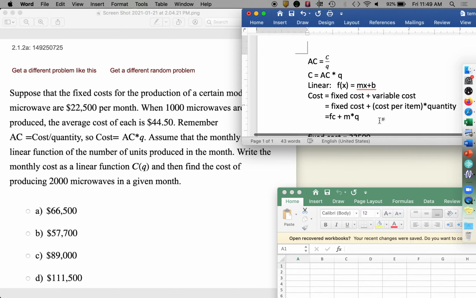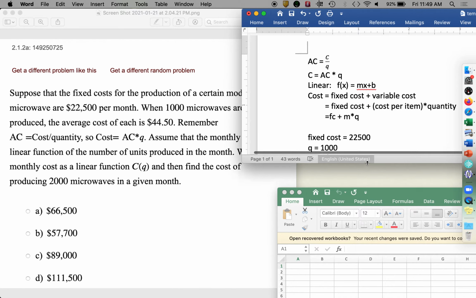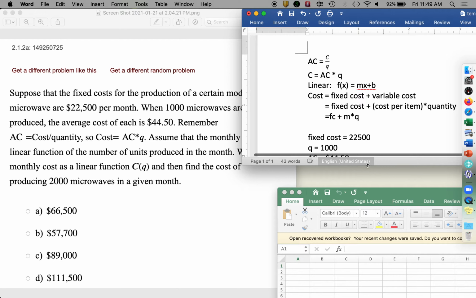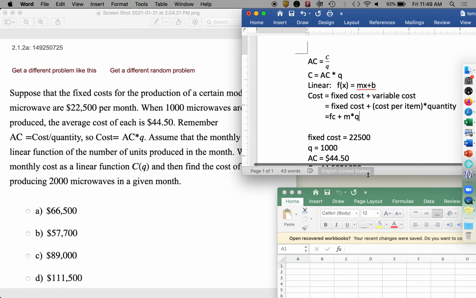Now it told us in this problem that our fixed cost was 22,500. That was given in the problem. And it told us that if we use Q equals 1,000, the average cost is $44.50.